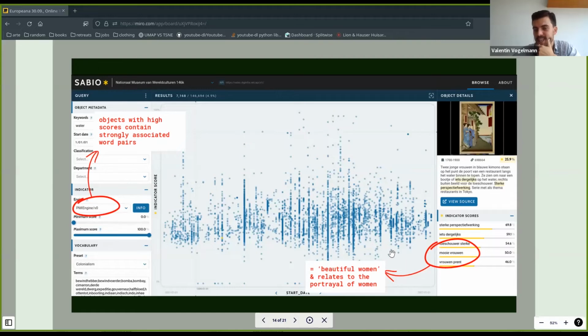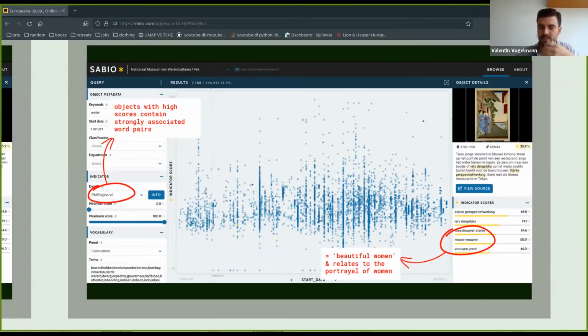And again, I, as a human, am identifying this as a potential bias, but the algorithm doesn't do that. The algorithm just says there's this word pair here, it scores relatively high, so beautiful and woman are relatively highly associated. Not because this algorithm had any access to what bias is, but just because this data set happens to be like that. That's where you see the idea here, that biases will reveal themselves almost through these kinds of algorithms.